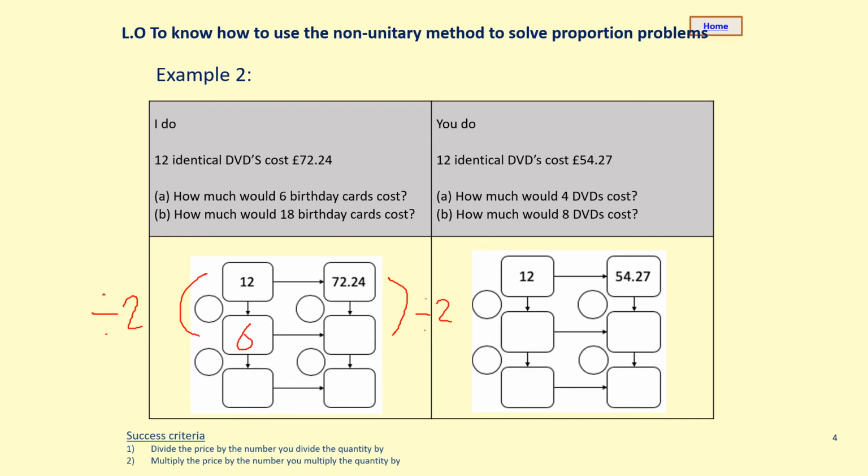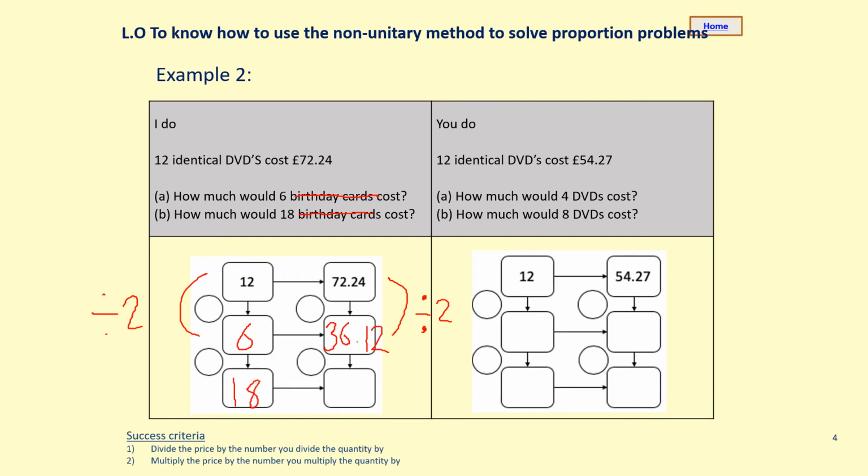So £72.24 divided by 2, that is a divide sign, divided by 2 gives me £36.12. And then it's asking us how much would 18, and it should say DVDs cost. How much would 18 cost?